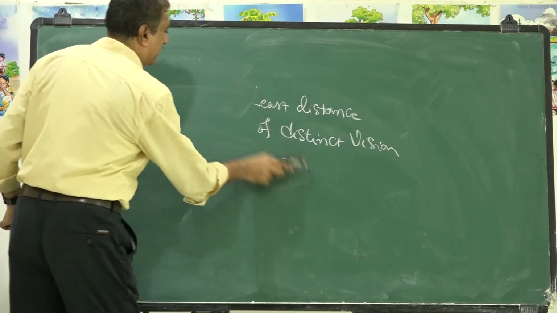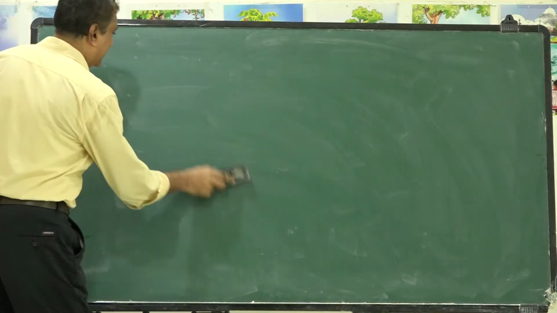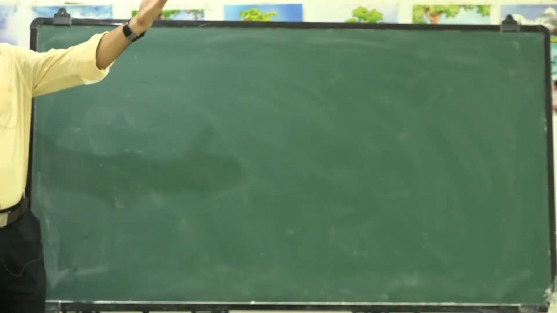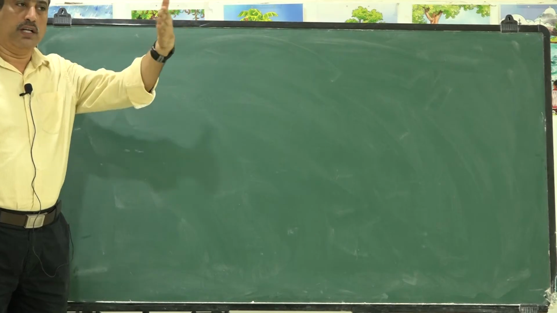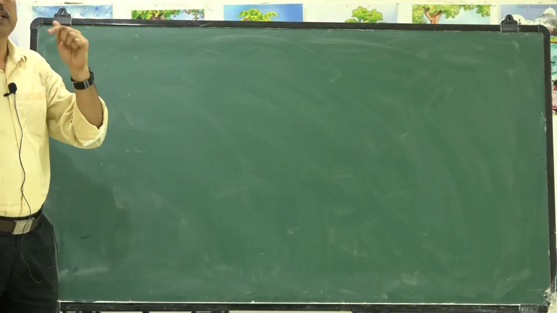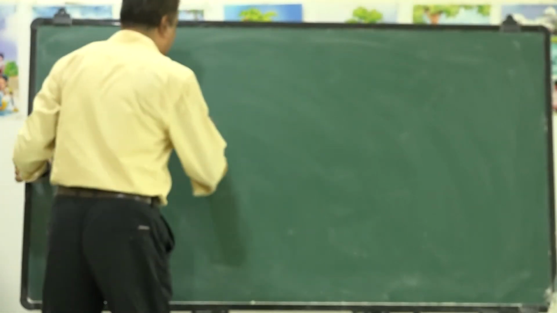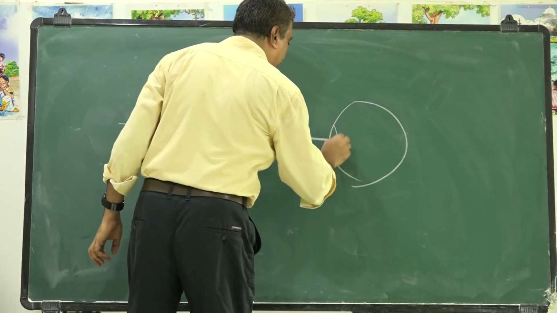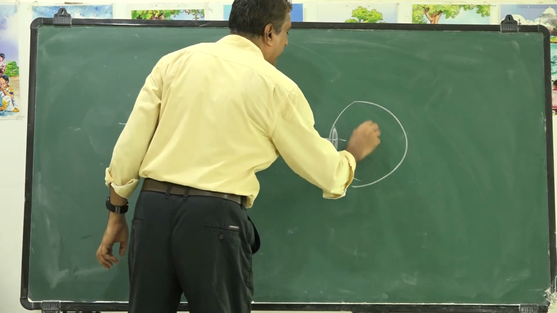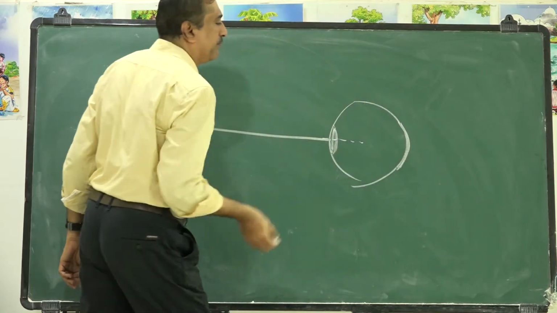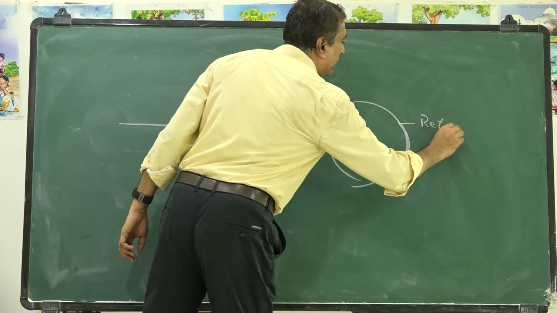Now another one. If the object is at a large distance from our eye, the angle subtended by the object at our eye is less. Suppose this is our eye, and this is our retina where we get the image of the object.